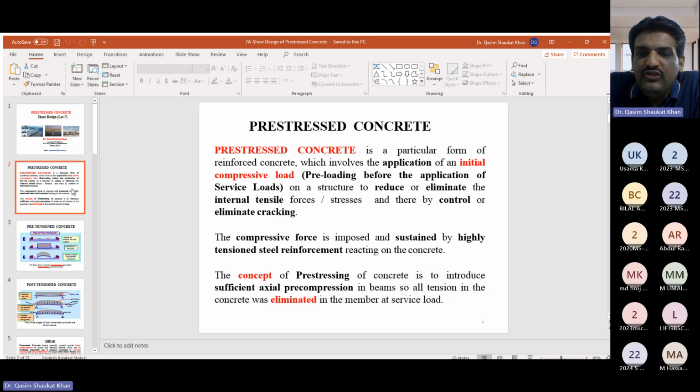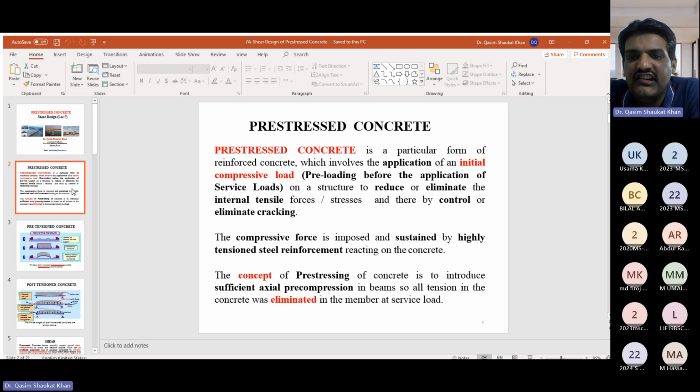When these two moments balance out, the beam comes to its original position. If the service loads exceed the camber, we see sagging in the prestressed beam.